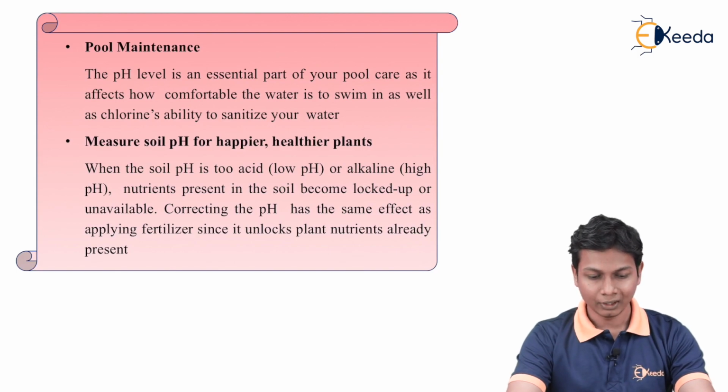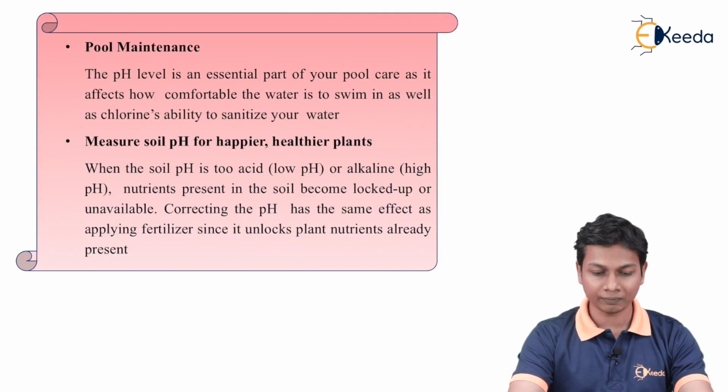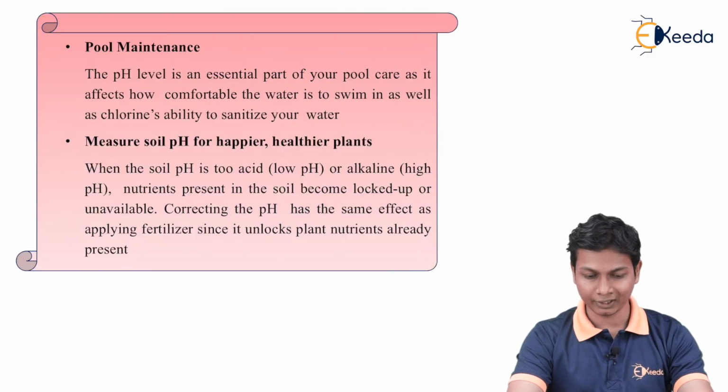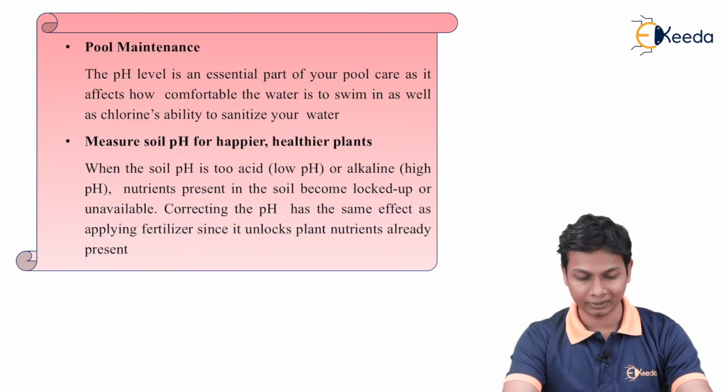Pool maintenance: the pH level is an essential part of the swimming pool. It takes care of the comfort of the water for swimmers as well as chlorine availability to sanitize your water. Measure soil pH for happier and healthier plants.